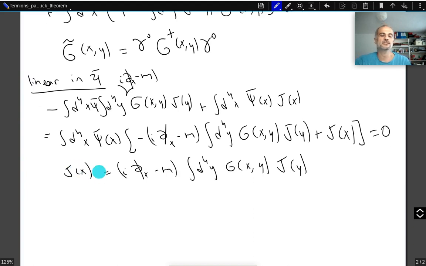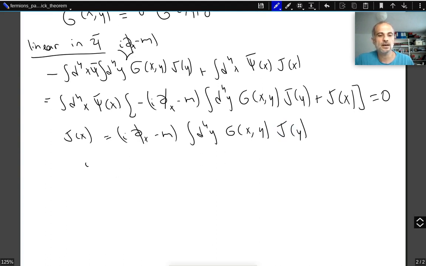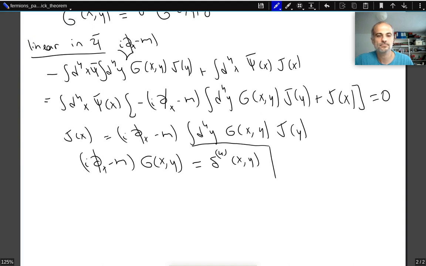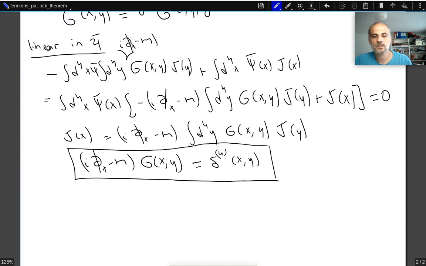And furthermore, since j is something arbitrary, and in fact we are taking derivative with respect to j, meaning that we are changing the value of j and looking at how Z changes, this equation should be satisfied for an arbitrary j. But that tells us that i del x slash minus m acting on g of x, y should itself be the Dirac delta, the four-dimensional Dirac delta of x, y. So this is one thing that G should satisfy.